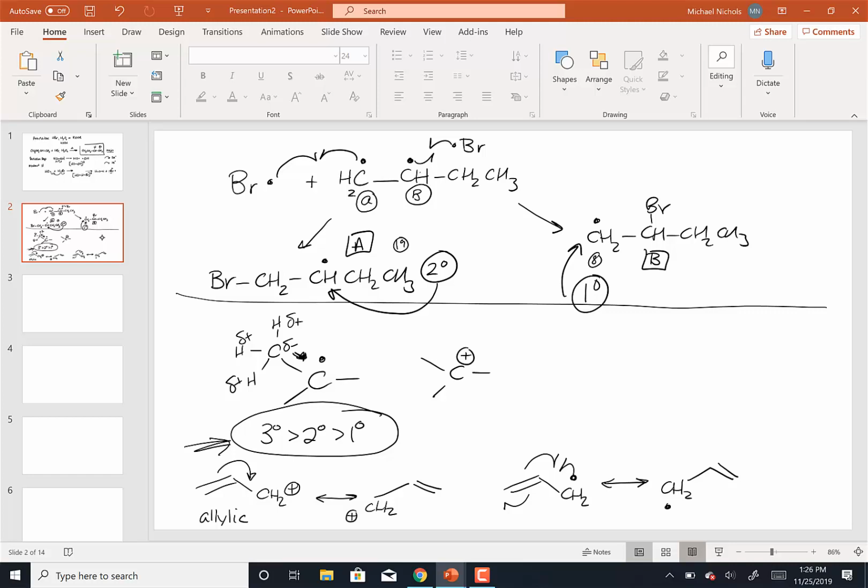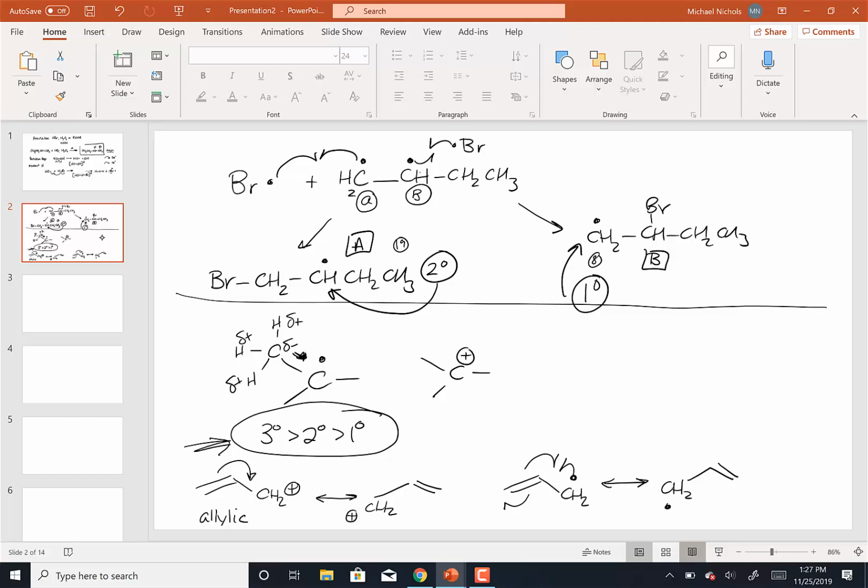I'll show you how we'll write the mechanism in a minute. But I'm just trying to show you that there's a choice in the Br dot adding. Because this addition isn't quite what radicals normally do. They normally grab an atom. This is going to be an addition where the bromine's going to add to the double bond, and I'm kind of showing you how that happens.